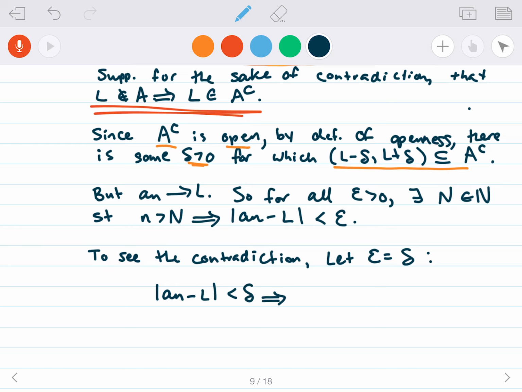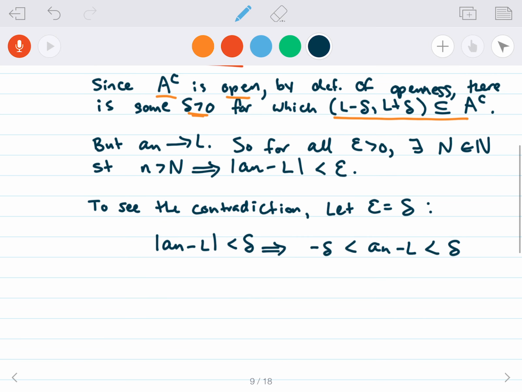And so what does this mean by the properties of absolute value? This is going to mean that this is between negative delta and delta. So it's just properties of absolute value here. If we add L to everything, we get L minus delta to L plus delta.